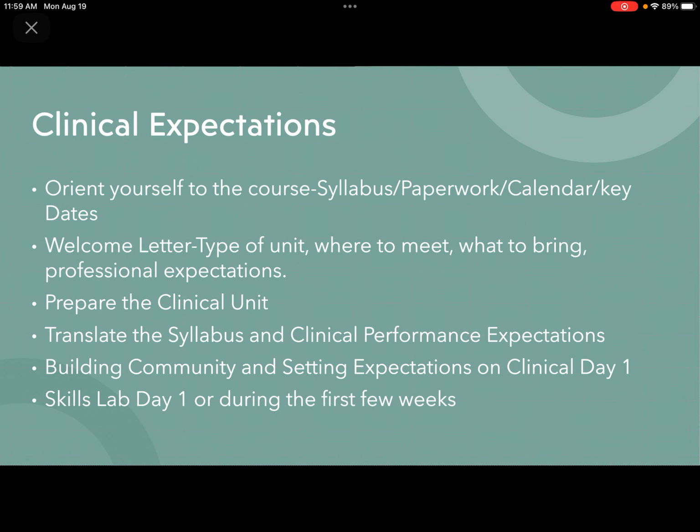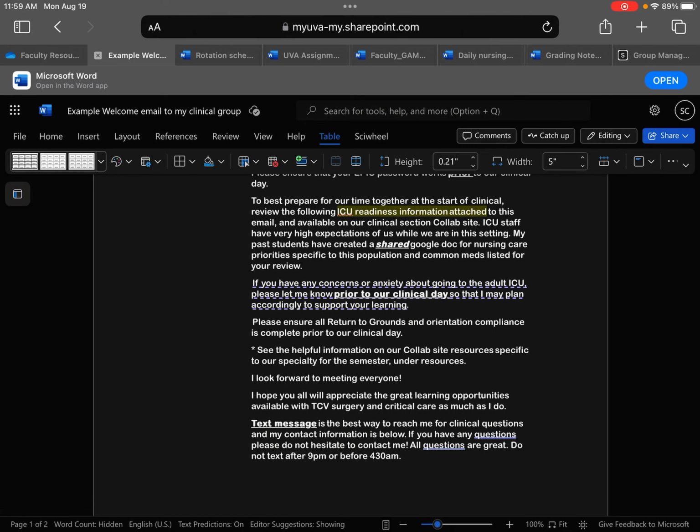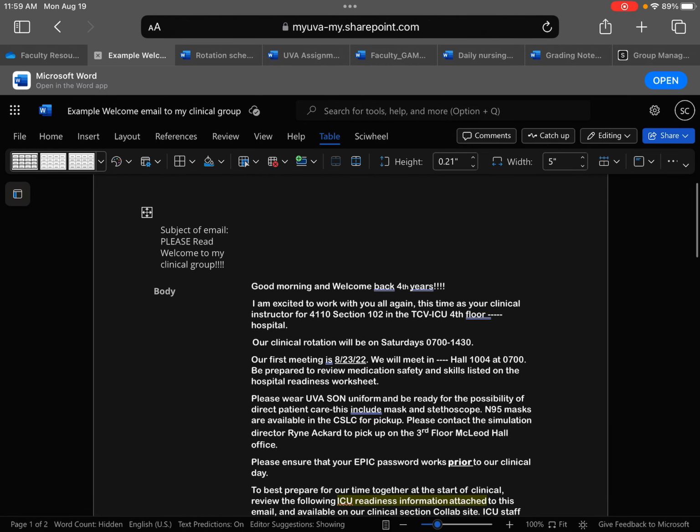So let's look at a quick welcome letter. This is an example of a clinical letter that I send to my clinical group, just a variation on that. So I am welcoming them back because I also want them to know that I'm approachable.